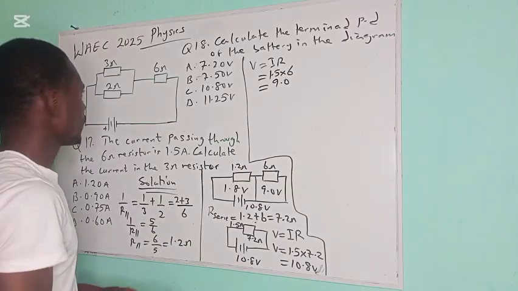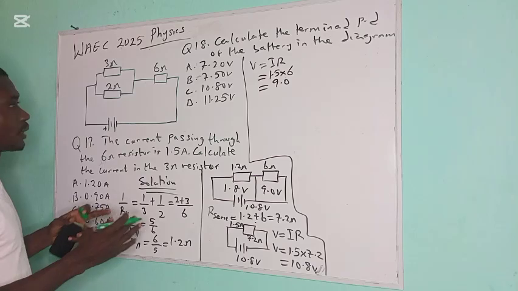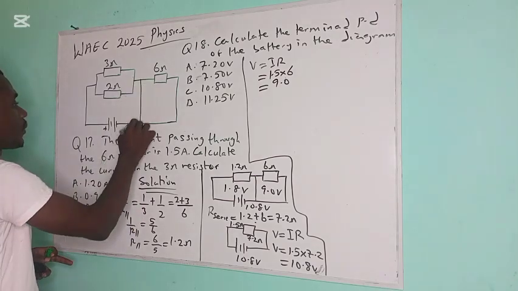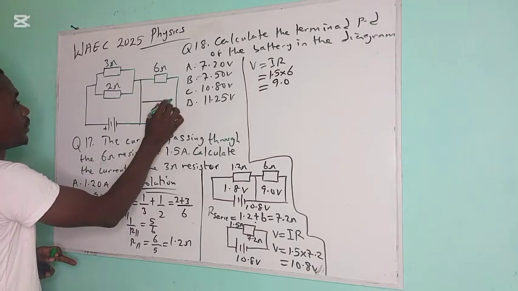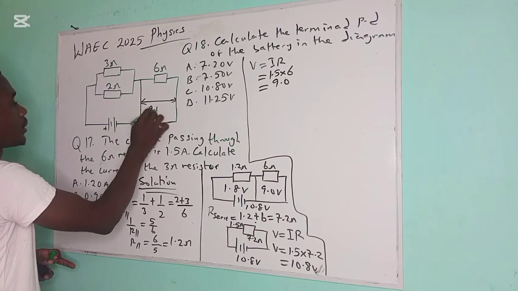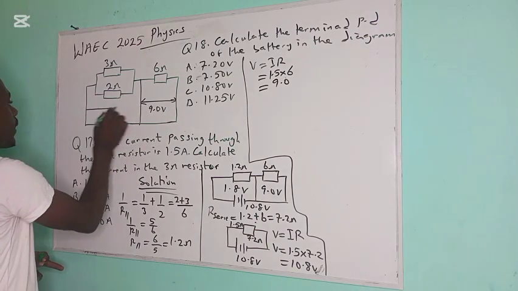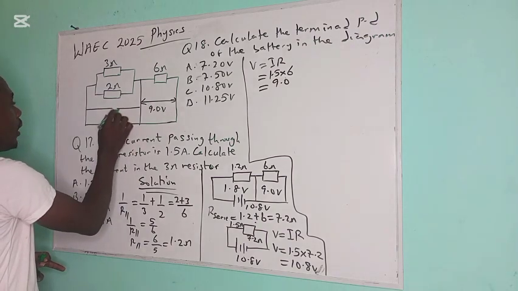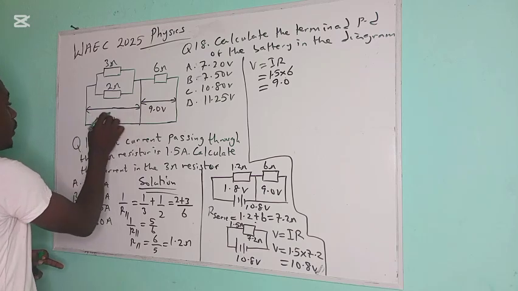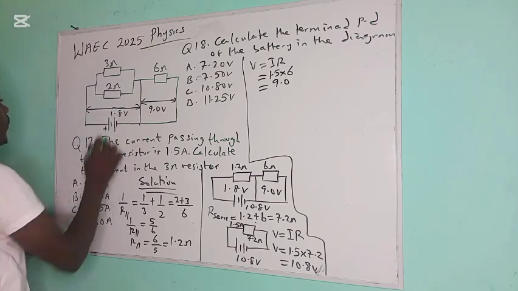Now I think we are moving gradually. So now let's bring it here: 9.0 volts, and this is 1.8 volts.